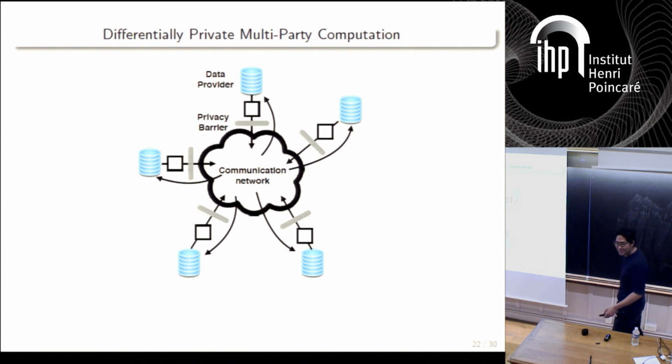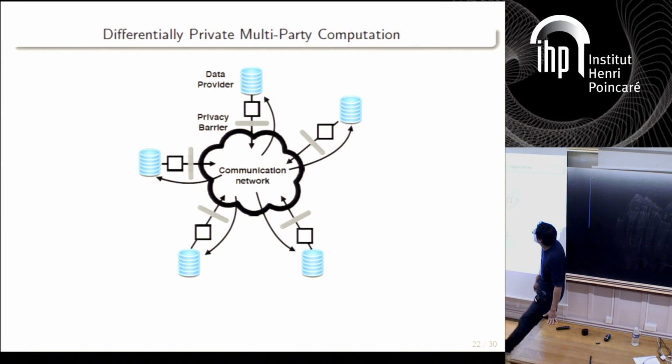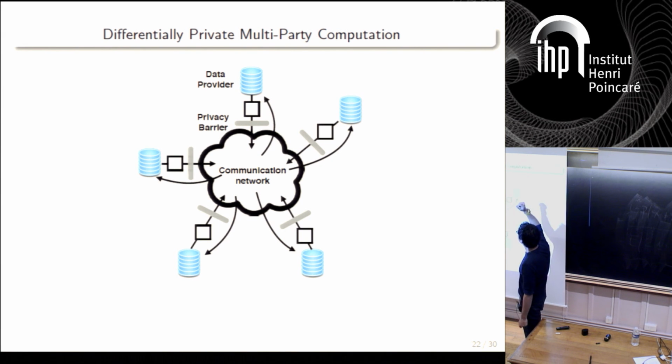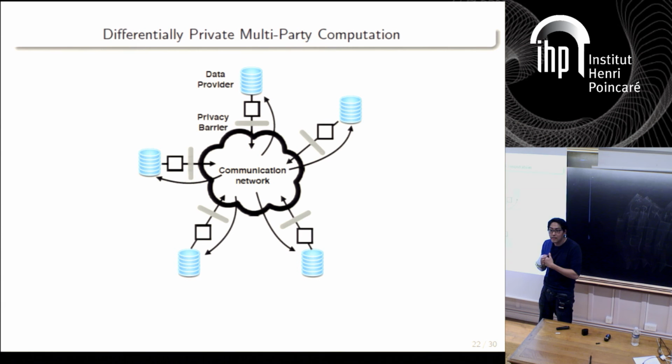Right, so given 1 minute, I'll give you a flavor of where this can be used. Composition is just one place where this can be used. The other thing is differentially private multi-party computation, which has been studied by other people. I'll just tell you the setting. There are n people or k people, let's say. Each one has data that's private.